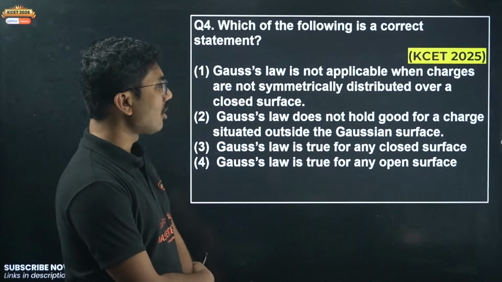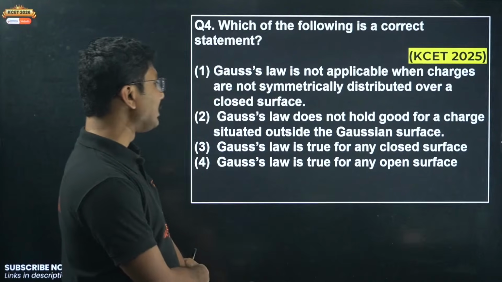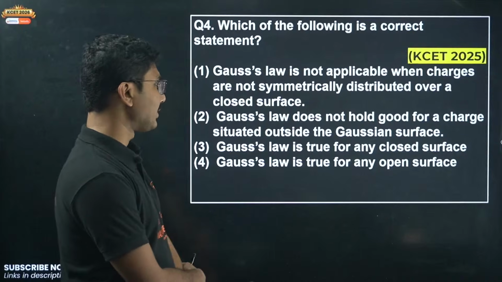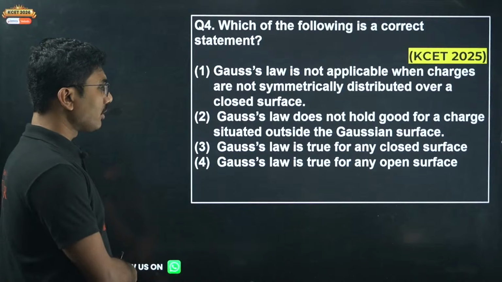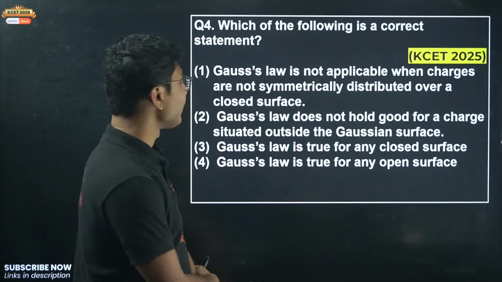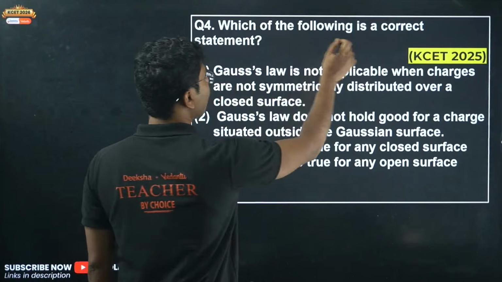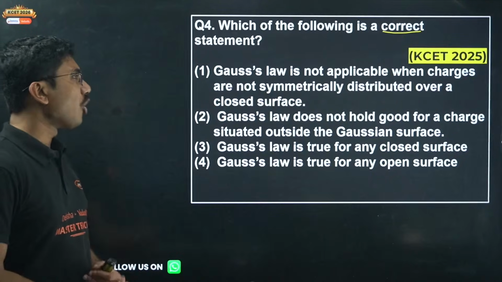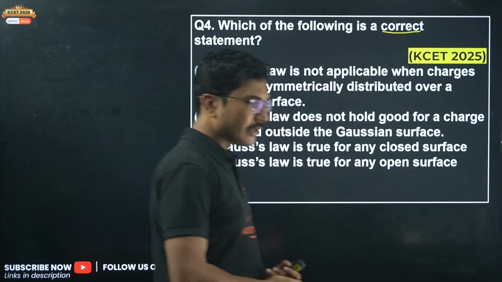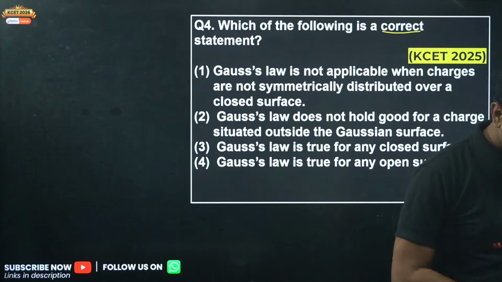Gauss's law does not hold good for a charge situated outside the Gaussian surface. Gauss's law is true for any closed surface. Gauss's law is true for any open surface. So three of them are incorrect, only one is correct. You have to identify which statement is correct.